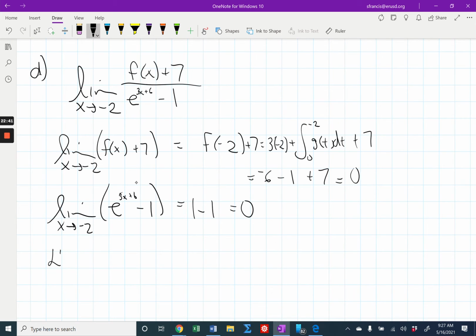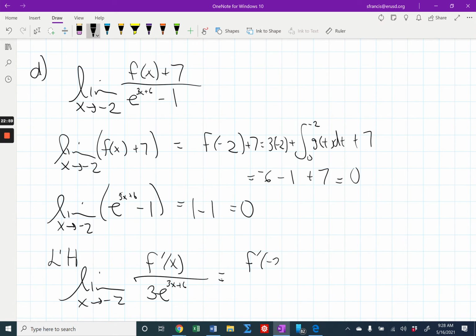And when we apply L'Hopital's rule, we're going to get f prime of x over 3 times e to the 3x plus 6, f prime of -2, which is not 0. And if I plug -2 up here, this is going to end up being 3. Now, f prime of x, if we recall, is going to be 3 plus g of x.